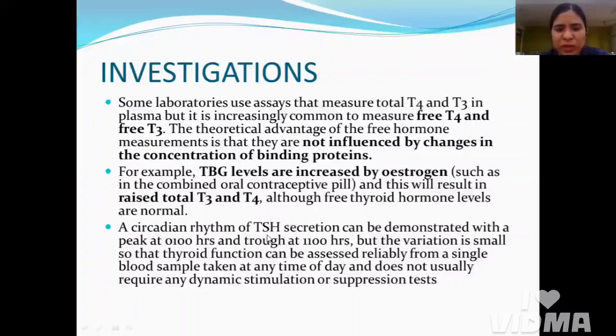So the peak of TSH production is at midnight, approximately from 11 p.m. to 5 a.m., with the median at 1 a.m. It is at the peak then, and the trough is from 10 a.m. to 5 p.m., that is the nadir. Okay, that means the low.